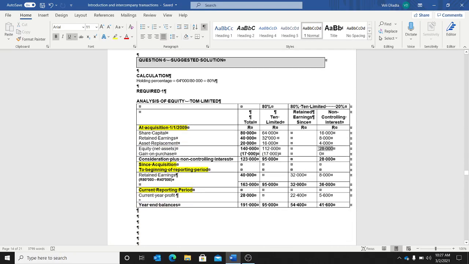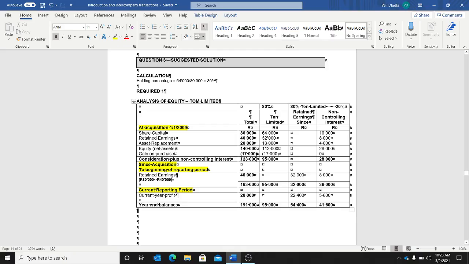So 28, 0, because there's nothing that we must adjust according to the question. Then it gives me 28. Right. Now, 0 plus the 17, which is a gain, it gives you a total of 17, which is a gain.